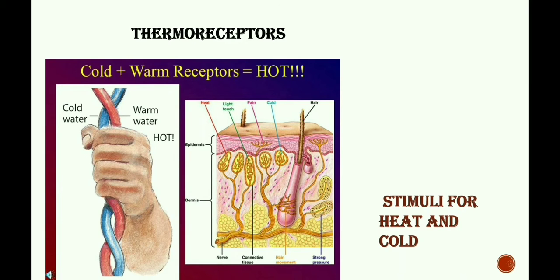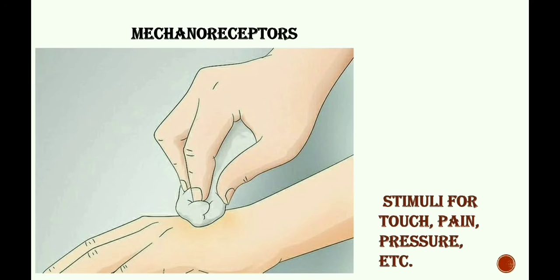Location is skin, and function is that it receives sensory stimuli for heat and cold. If I say heat, you can call it calorie receptors, and if I say cold, you can say it is trigidoreceptors.